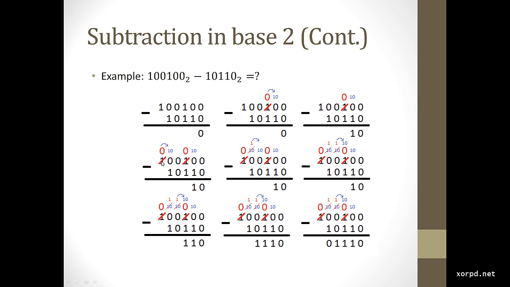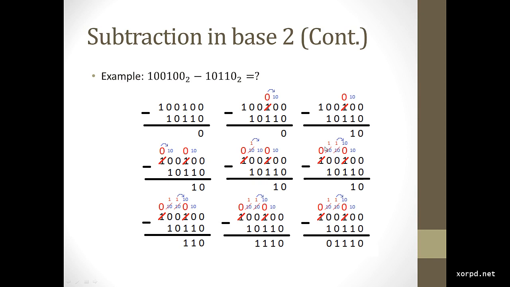This digit is turned into 0, and we get 10 at the next position. Next we take 1 unit from here, which turns this into 1, and we get 10 in the next position. And finally we borrow again, and we get 10 here, and those two digits are now 1.